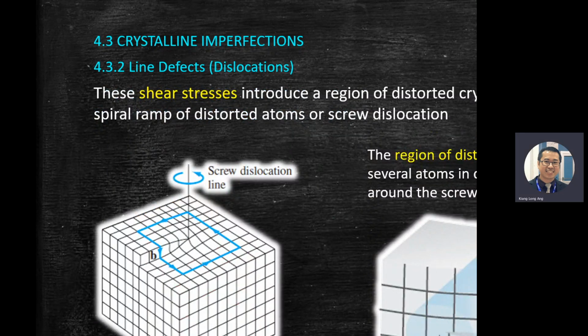So again, the Burgers vector for screw is parallel to the dislocation line. It's parallel to the dislocation line. Just now, for edge, the Burgers vector of the edge dislocation is 90 degrees to your edge symbol or edge side.